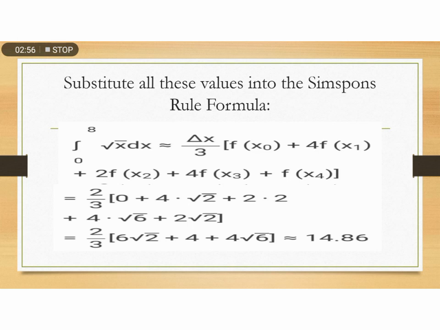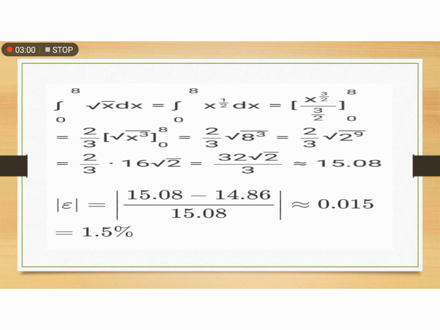So the true solution for the integral, compared with the Simpson's rule approximation of the integral from 0 to 8 of the square root of x dx, is equal to the integral of x to the power of 1/2 dx, which equals x to the 3/2 divided by 3/2, evaluated at 8.